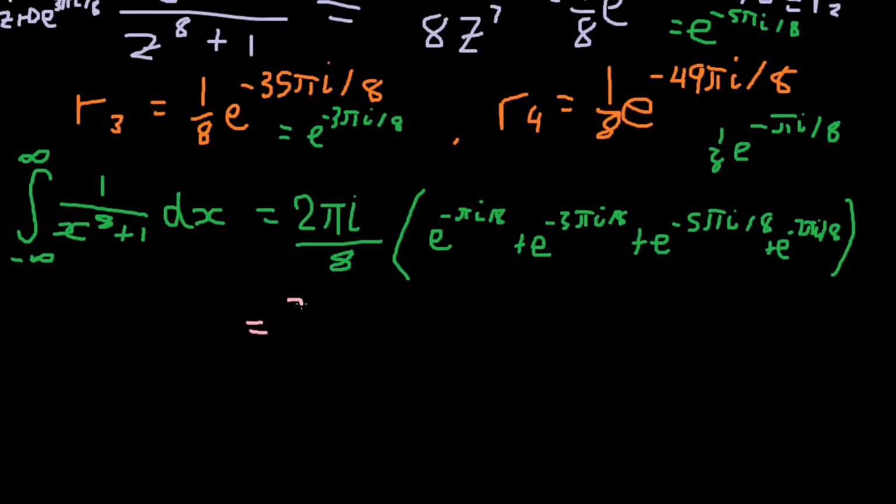This is equal to just pi i over 4 times e to the negative pi i over 8. That's just cosine of pi over 8 plus i sine pi over 8. I could show rigorously what all these are, but I feel like at this point we've evaluated this. Let's just plug it into a calculator, and you can verify this for yourself.